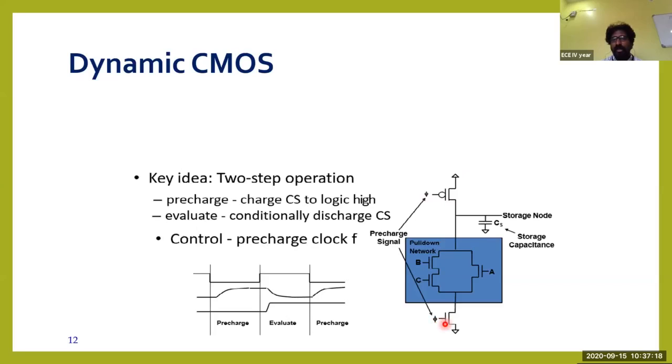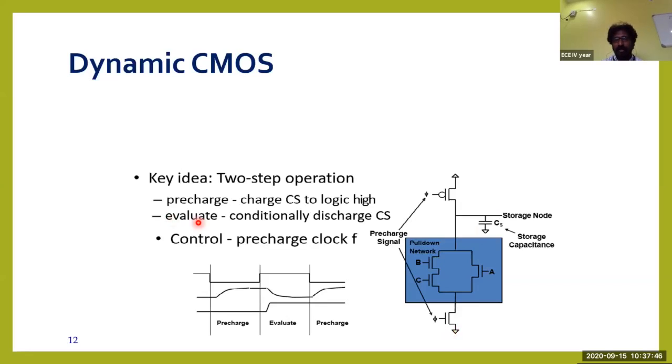If the NMOS is turned on, then whatever charge is stored will be discharged depending upon this transistor's inputs. Let me say if this transistor is turned on, then whatever capacitance was stored in the previous pre-charge state will be discharged from this capacitor to the ground terminal. So that's how evaluate and pre-charge work.